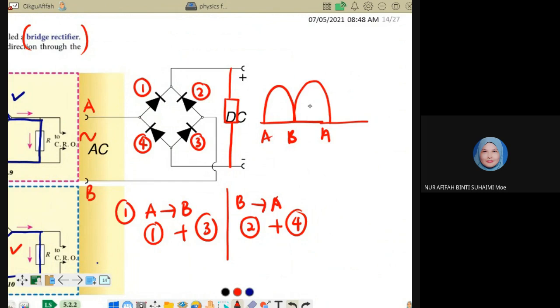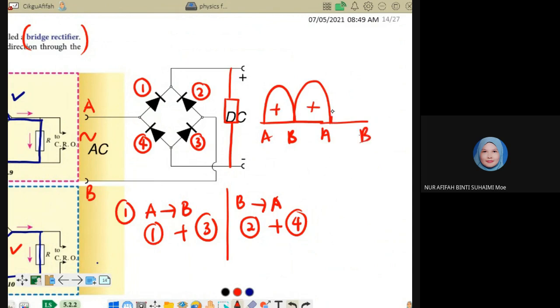The graph also becomes like this because the current can flow to the circuit. The diodes are in forward bias, 2 and 4, from B to A. So in forward bias. And then A to B again.